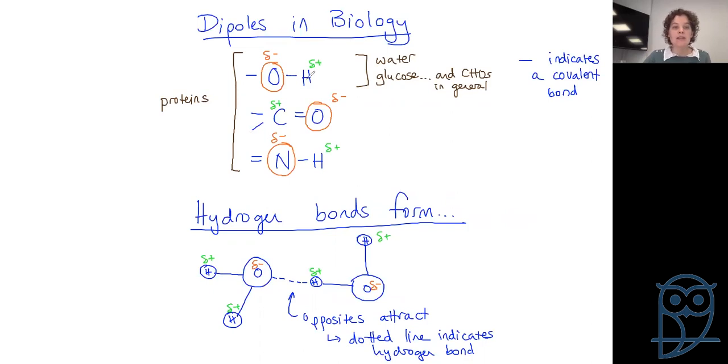Okay, the other place you get these ones in, all of them, is your nitrogenous bases. Okay, so in your nitrogenous bases, remember this is structure of DNA, you've got hydrogen bonding. So we've got water, we've got glucose, we've got proteins, we've got nitrogenous bases.